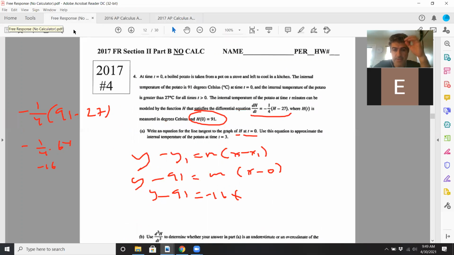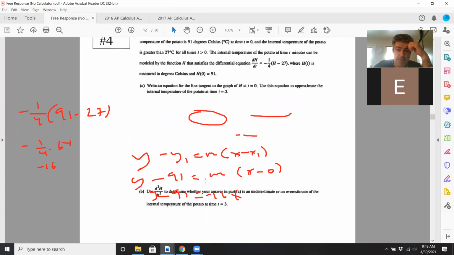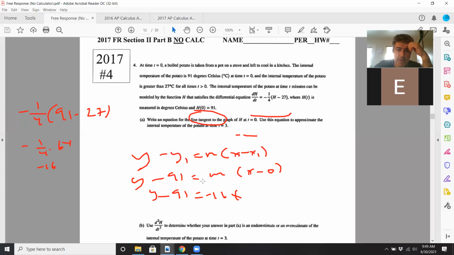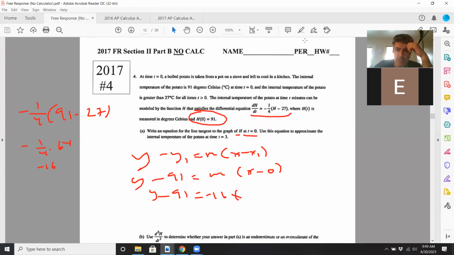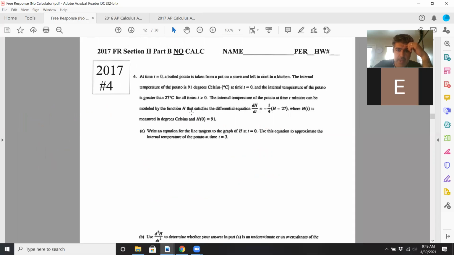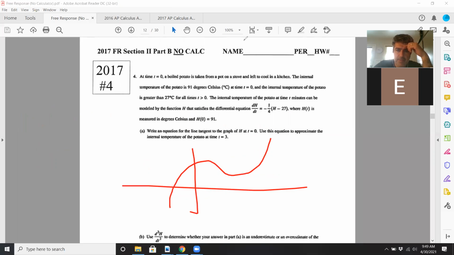And state the units. Then they ask you to find the second derivative to see if it's an under or overestimate. So this is about linearization. This is section 5.5, I believe. When you have a curve and you have a tangent line, you use the tangent line to approximate.